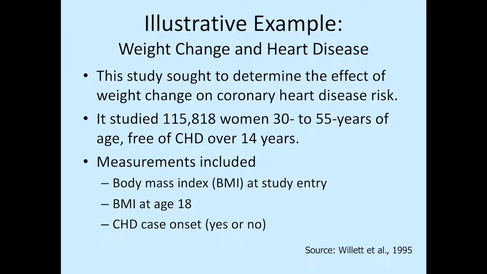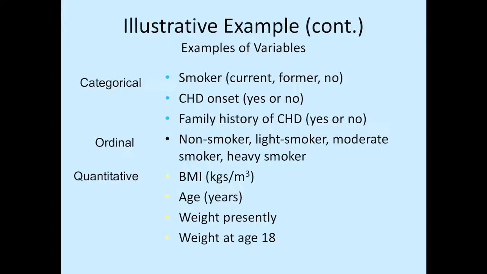The measurements included were body mass index at study entry, BMI at 18, and CHD case onset, yes or no. So when we break this down, how these different measurements are on our scale, whether they're categorical, ordinal, or quantitative. Here we have, for categorical, whether they were a smoker, current, former, or no, CHD onset, yes or no, family history of CHD, yes or no.